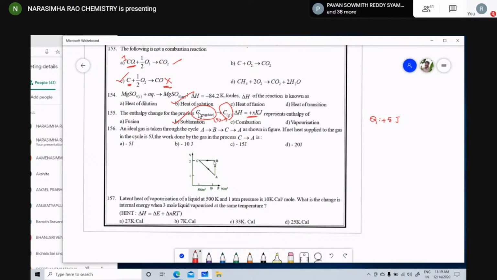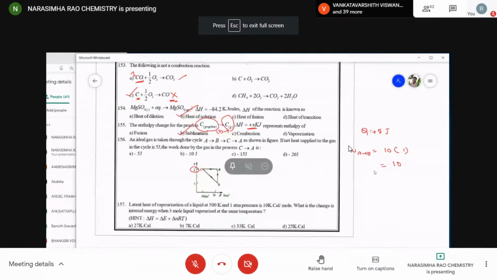A to B, B to C, C expansion, so minus. Now next, B to C: W for B to C, there is no change in volume. So constant volume, work done is equal to 0.